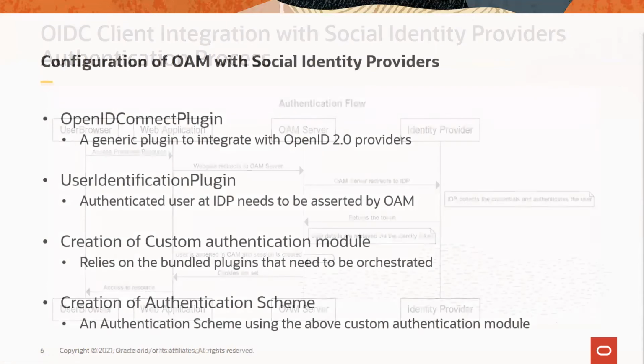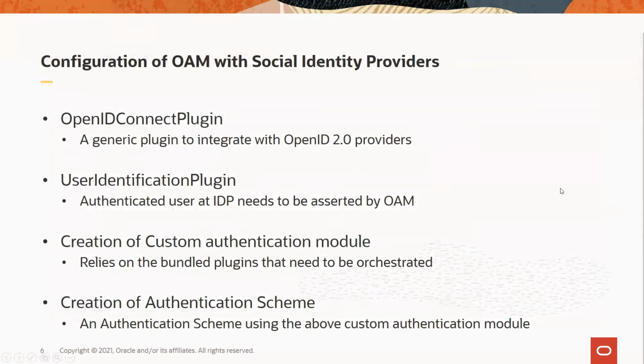Looking further, the various configuration parameters at the Oracle Access Manager side in achieving this integration are these two plugins: the OpenID Connect plugin and the user identification plugin. Associated with these, we have to create a custom authentication module using these two plugins.